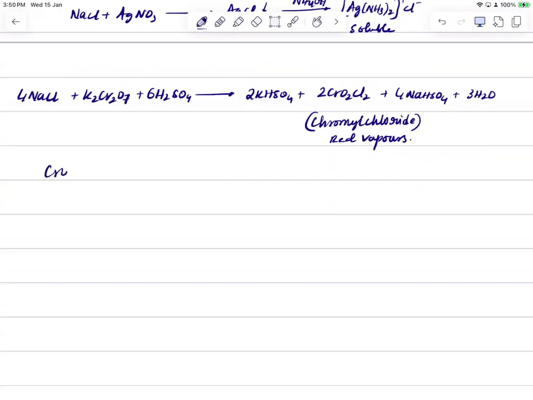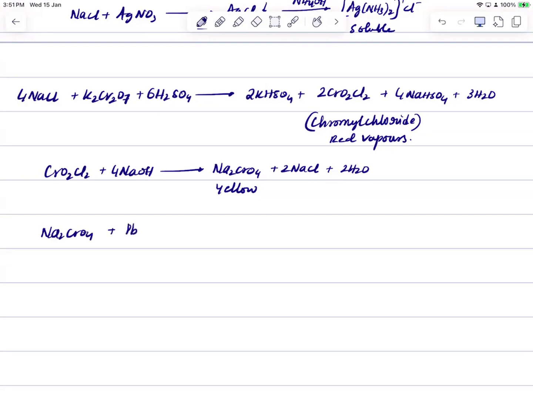So these red color vapors, CrO2Cl2 plus 4 moles of NaOH, will convert into Na2CrO4 plus 2 moles of NaCl plus 2 moles of H2O. And this is a yellow color solution. And this yellow color solution, if you pass it through lead acetate solution, it will convert into PbCrO4, which is a yellow color PPT.